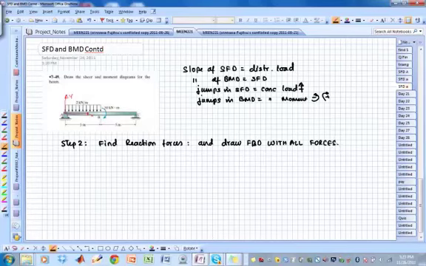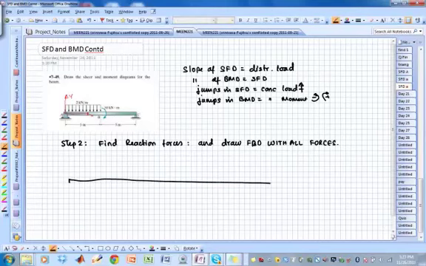And as we said before, draw a large free body diagram because it will help you. So I'm going to draw another one of those long ones so that you can see.